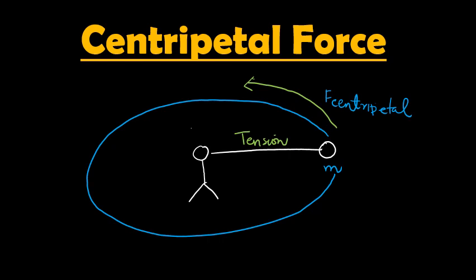So basically the tension force in this case is causing the centripetal force, and due to the tension force the ball is moving along a circular path. So we can conclude that centripetal force is not produced on its own, but there are other types of forces which produce centripetal force in a body, and due to these forces the body moves in a circular path.